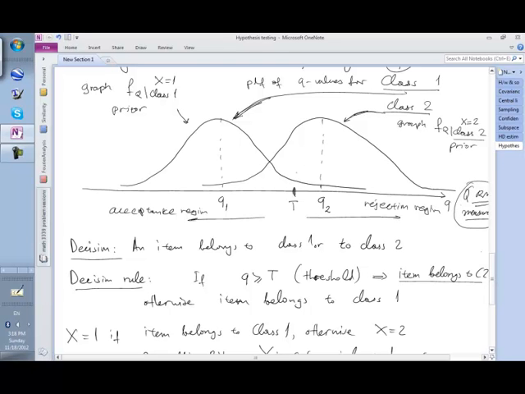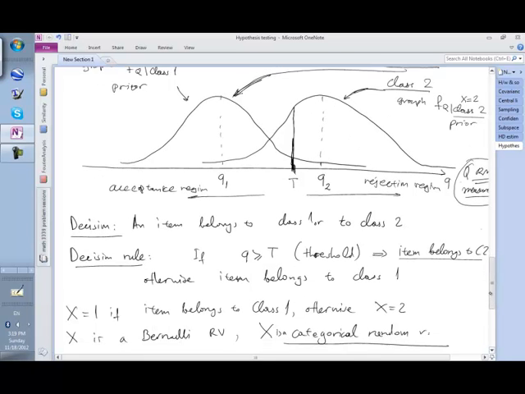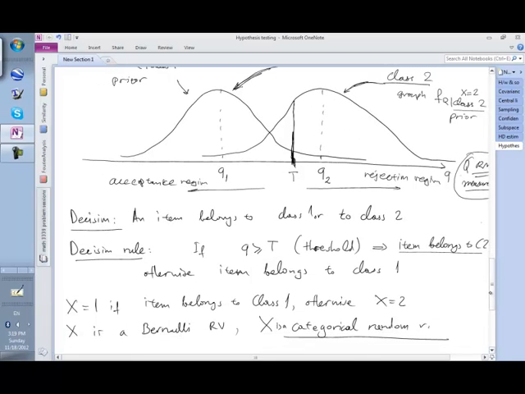Now, let's say that I pick T here. I pick that particular threshold that I have marked. Let's draw the vertical line all the way up. I'm interested in the misclassification. And the misclassification cases are the following. An item belongs to class 1, but I classified it as if it belongs to class 2. What would that be?